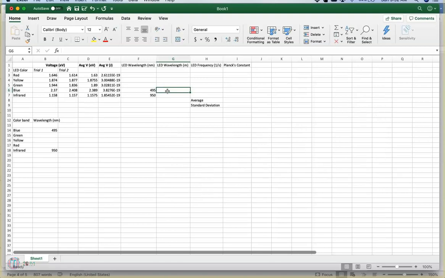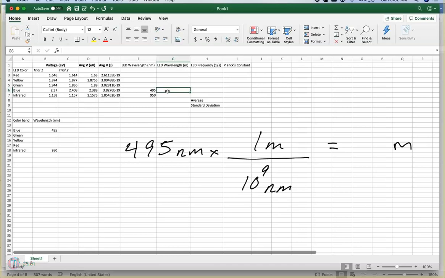So, let's set up an equation where we take 495 nanometers and convert that into meters, using 10 to the 9th nanometers in 1 meter. And I can see my units cancel, I'm left with meters, and I'm in good shape.